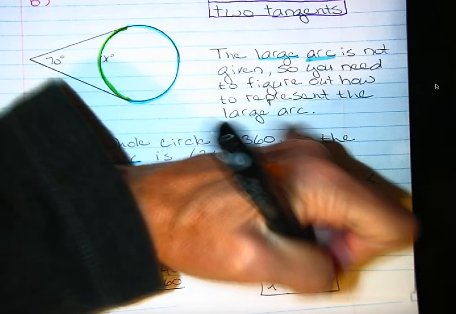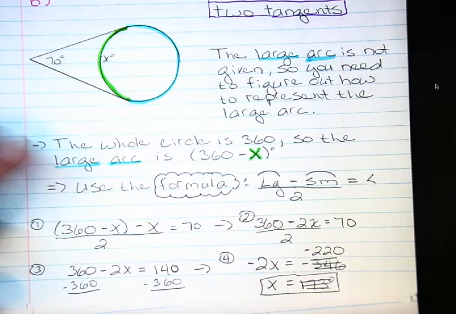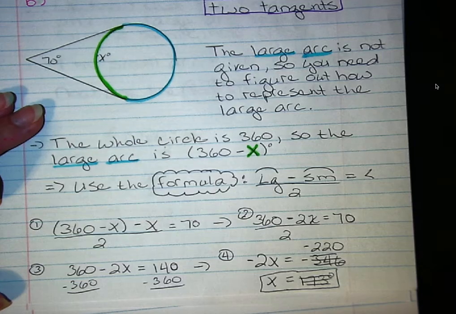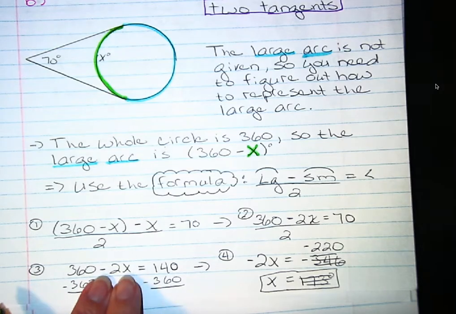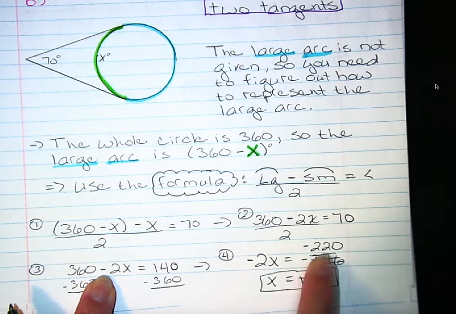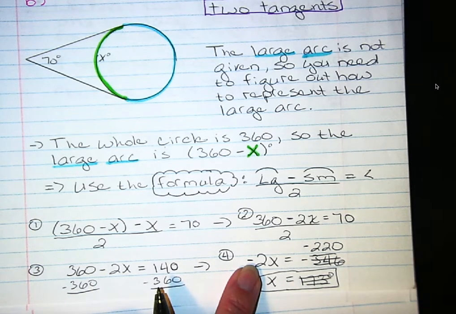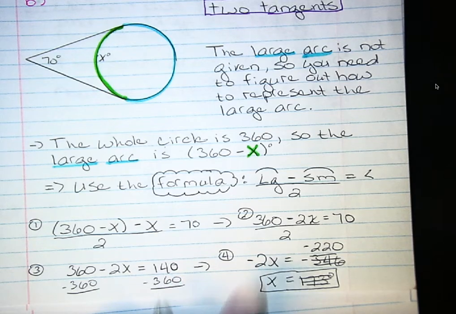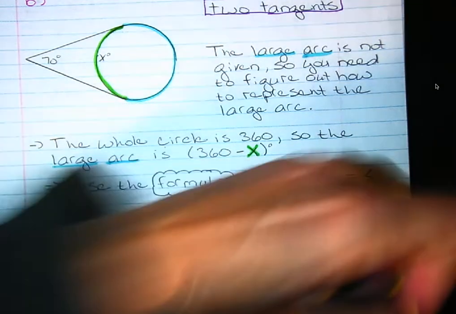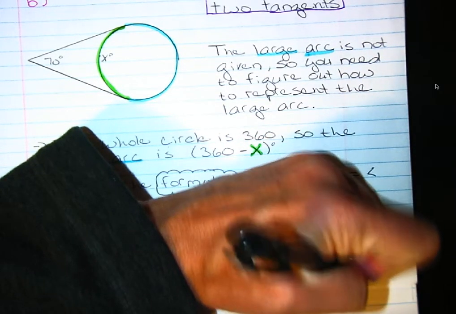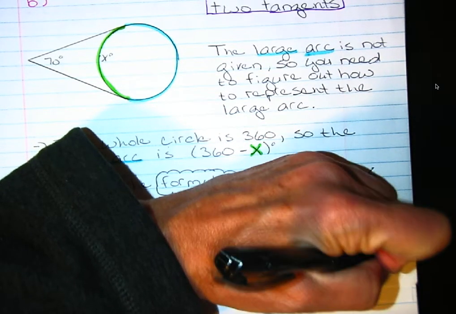And that's going to change my final answer. So now I have the negative 2x goes here, the negative 220 goes there, and all I have to do to figure out what x is, is divide both sides by negative 2. So divided by negative 2, I get x equals 110 degrees.